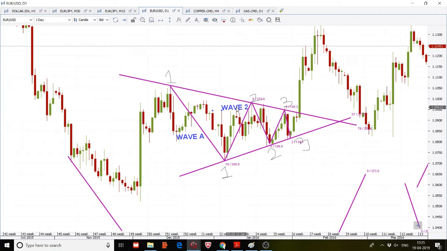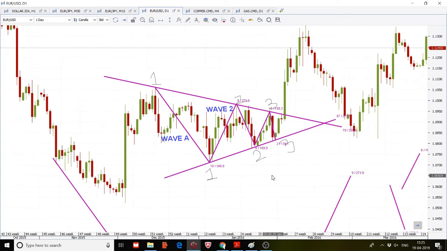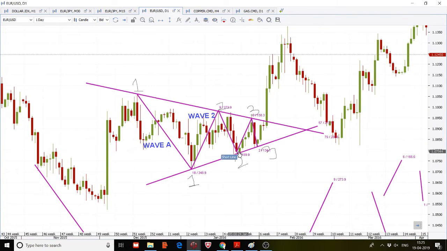This is wave 2, wave 3, and wave 4. And finally wave 5, as it will be a little clumsy, so I'm not naming it. This is the wave 3, and this is the wave 4, and the last one is the wave 5. Wave 3, wave 4, and wave 5.